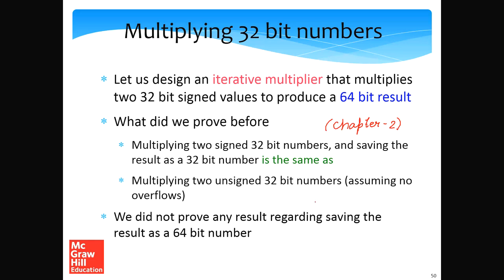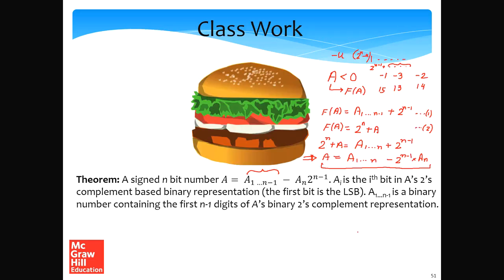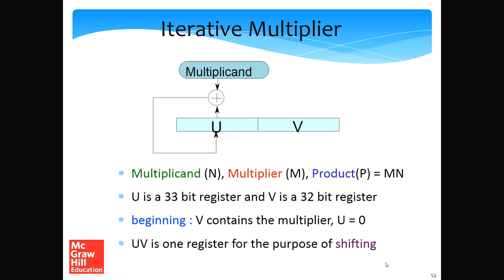We want to multiply two 32-bit numbers, no doubt, right? So we want to multiply, let's say, numbers a times b where there are 32 bits, and we want to save it in a number called c. But this number is, mind you, not a 32-bit number, it's a 64-bit number. It's a larger number. So this result will not hold, but we'll find that with the help of this theorem over here, we will be able to solve this problem very easily.